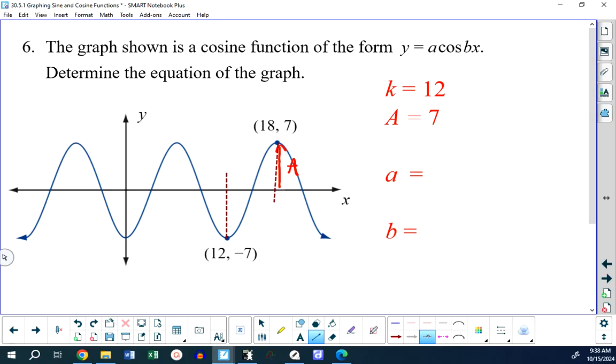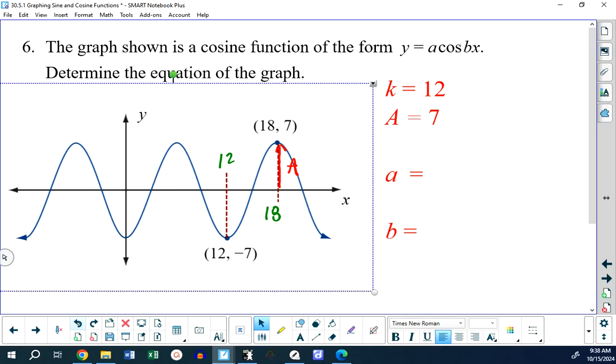This maximum has an x-coordinate of 18, which means that it's 6 units horizontally for that section of the graph, but that's only 1/2 of the period. So the period is 12.